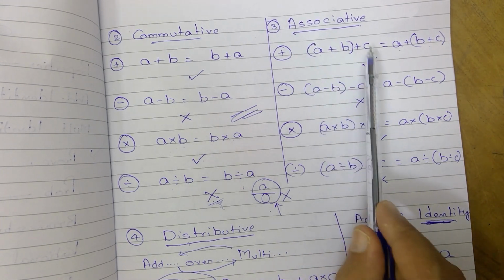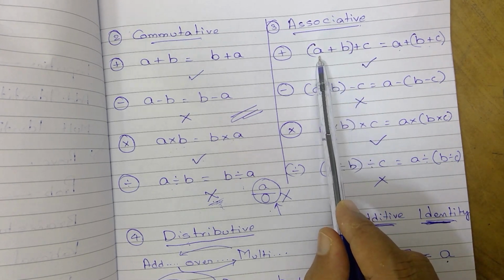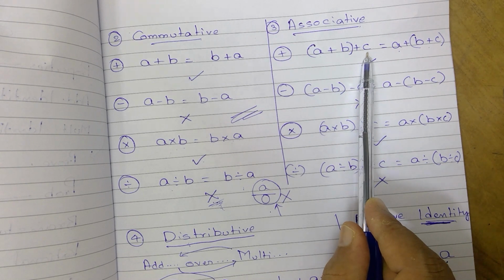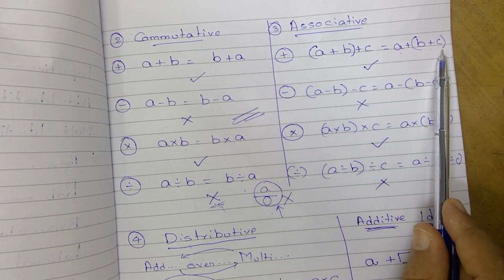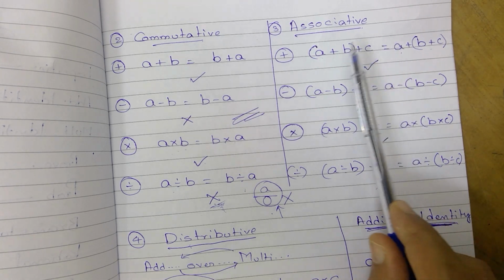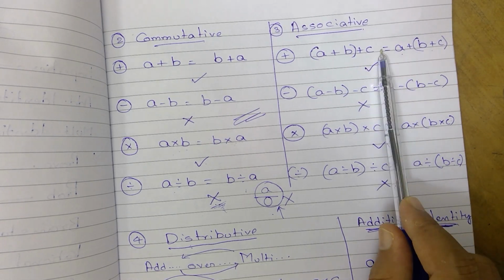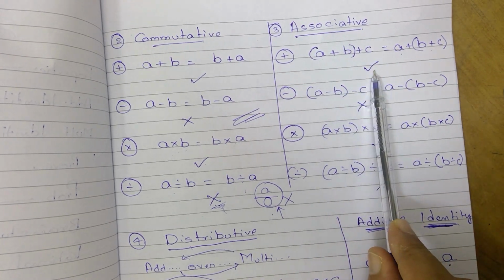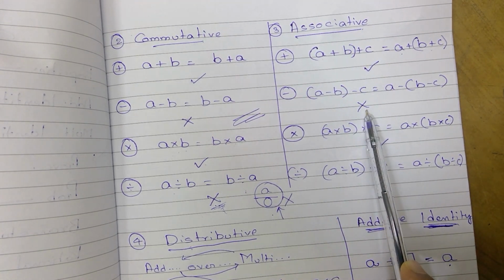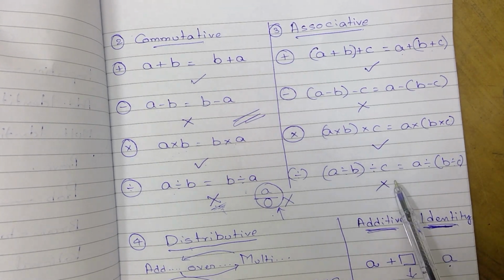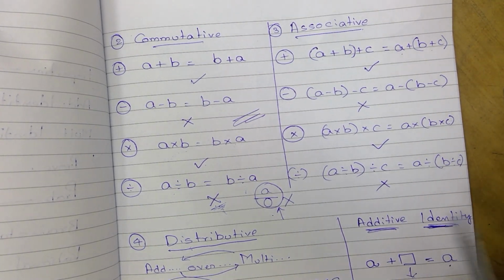For example, I have taken 3 rational numbers, and if I add 2 rational numbers first and add the third rational number, and in the second case if I add the second and third rational number and add the sum to the first rational number, in both cases you have to get the same value. So associative property, addition is satisfied, subtraction is not satisfied, multiplication is satisfied, and division is not satisfied.